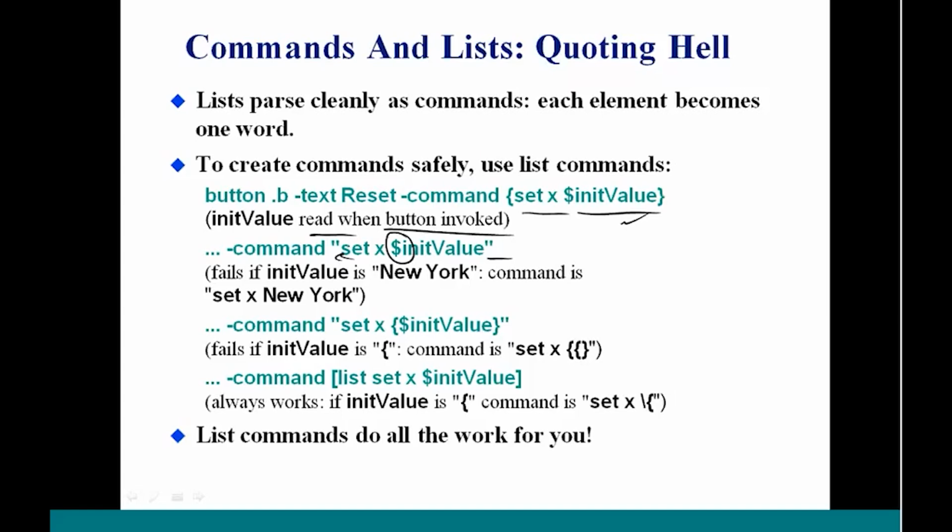But here the issue is if this init_value is two different words separated by a blank space, then it fails, because now the command becomes set x New York, which is not possible. This command fails because x is what it is setting the value to, and the extra word cannot be accepted. So essentially the command will fail here.